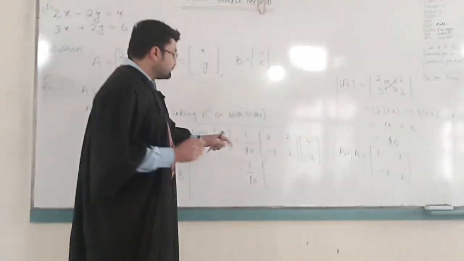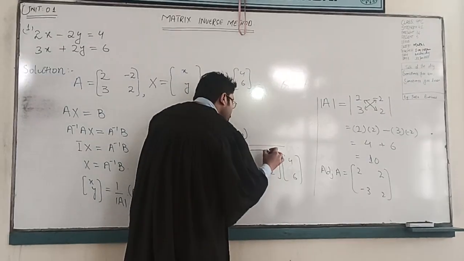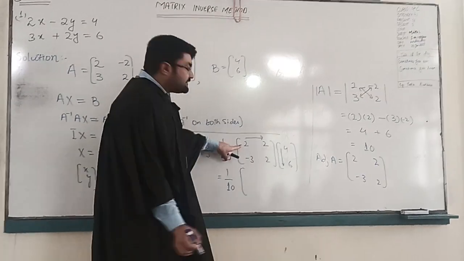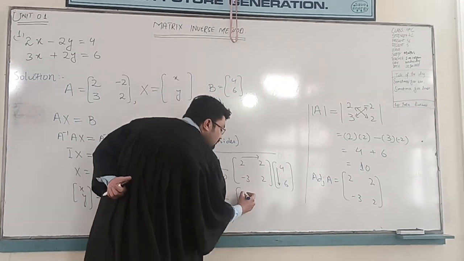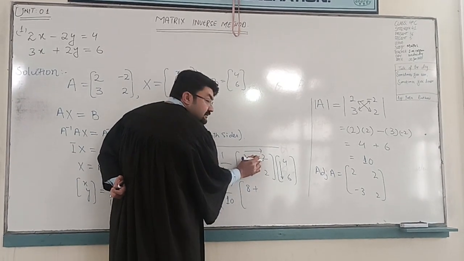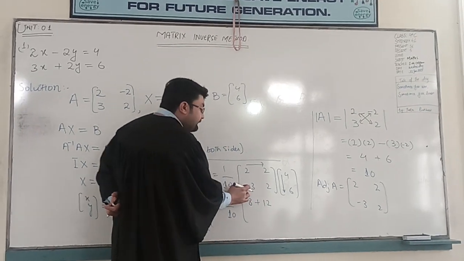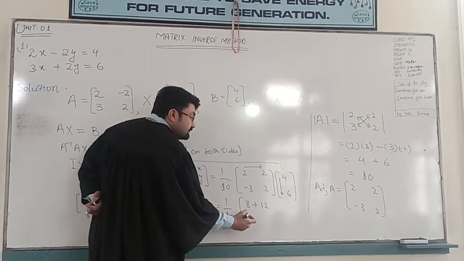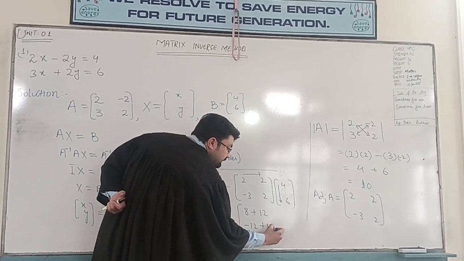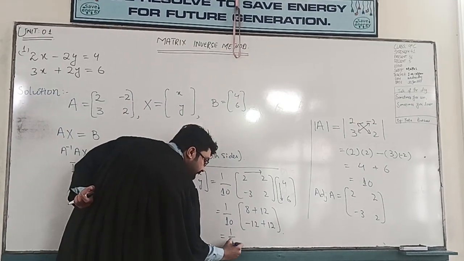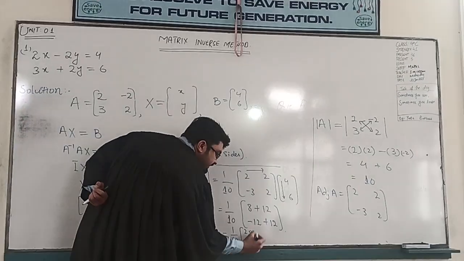It will become 2 multiplied by 4, the first entry of the first row multiplied with the first entry of the first column, 4 2s are 8, plus the second entry multiplied with the second entry, 6 2s are 12. And similarly, minus 3 multiplied with 4 is minus 12, plus 6 2s are 12. So it will become 1 by 10, 8 plus 12 is 20 and minus 12 plus 12 is 0.